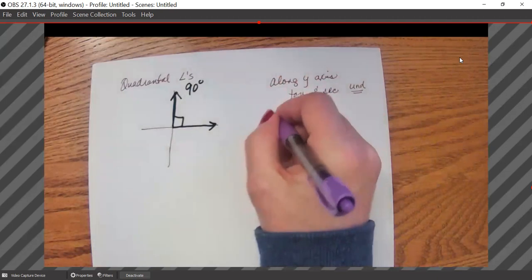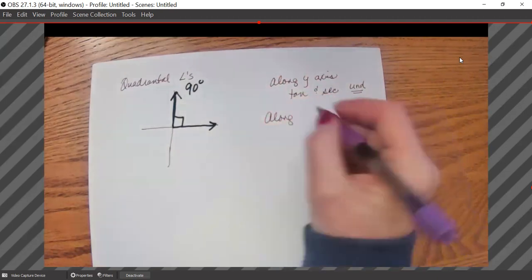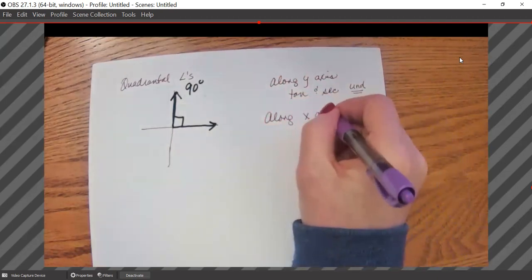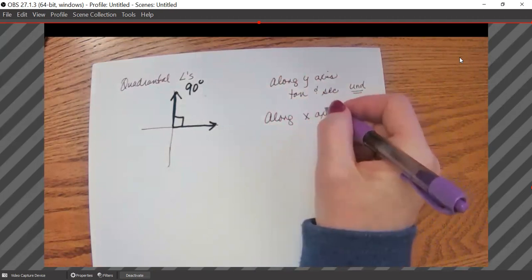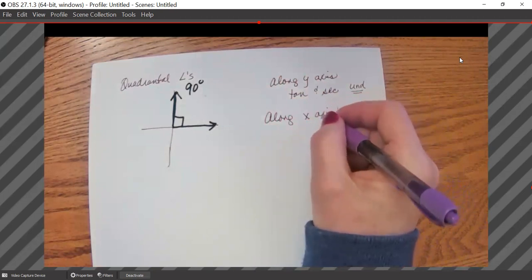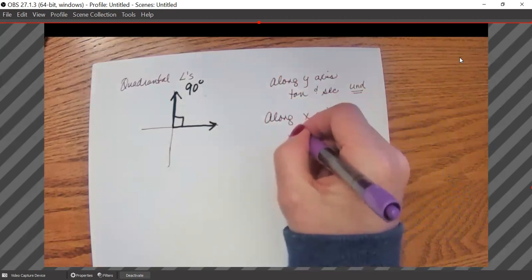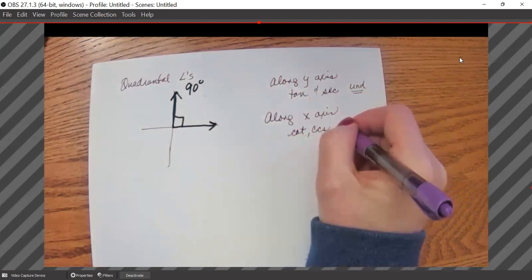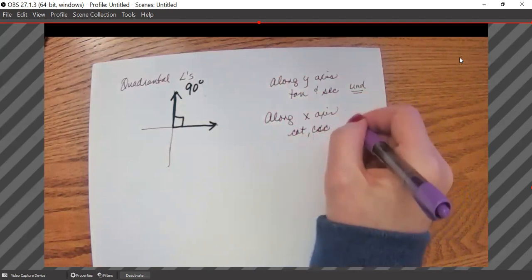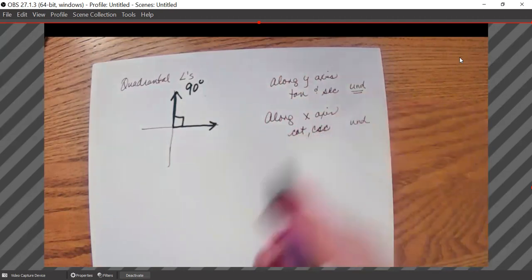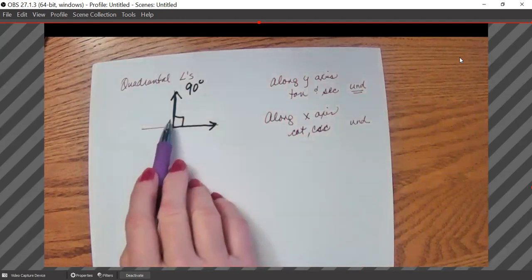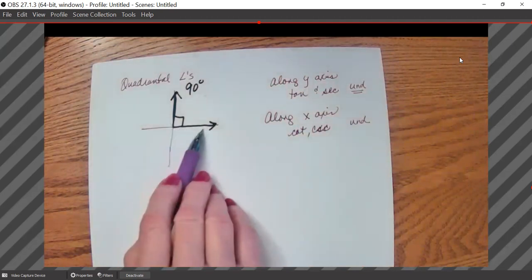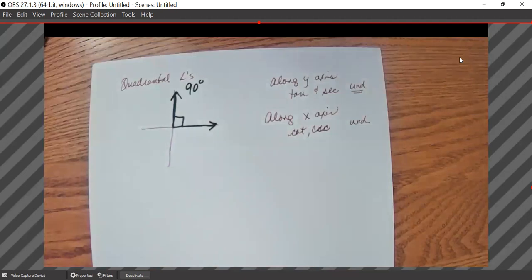If the terminal side is along the x-axis, then you're going to find that the cotan and cosecant are undefined. Why is that? That's because your length, your distance, is going to be 0, and you can never divide by 0.